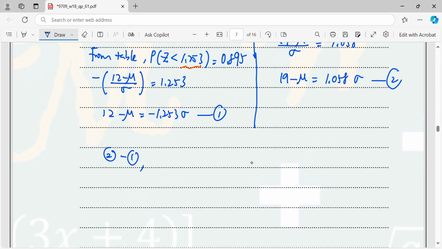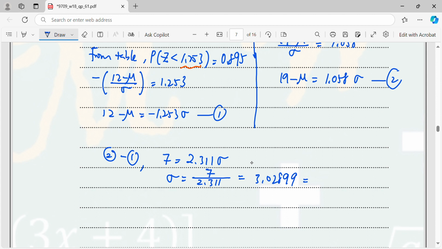On the left side, 19 minus 12 is 7. On the right, 1.058 sigma minus 1.253 sigma, that becomes plus, giving 2.311 sigma. Hence your sigma is 7 over 2.311.